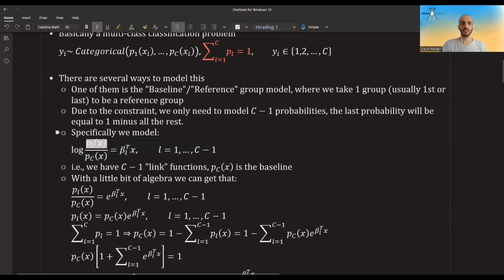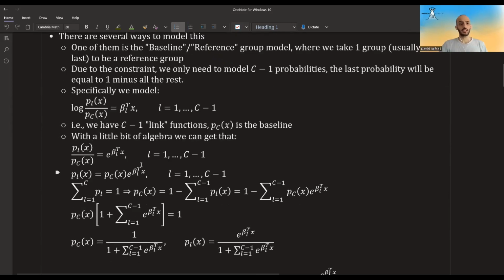So the probability of being in some class L, which goes from 1 to C-1. In this case, I take the reference to be the last group, C. And so the log of the probability of being in class L divided by being in class C is equal to some linear term. Okay, so some betas that are unique to that L, dot product with some covariates.